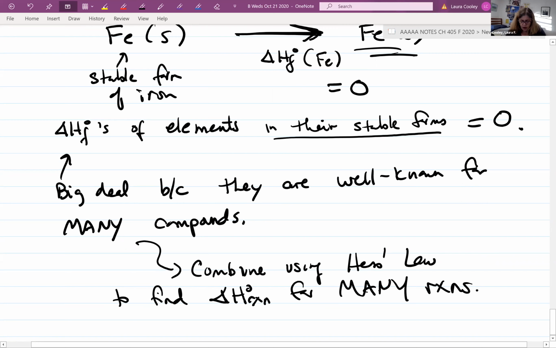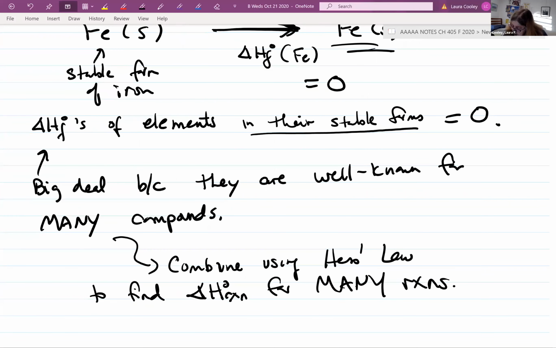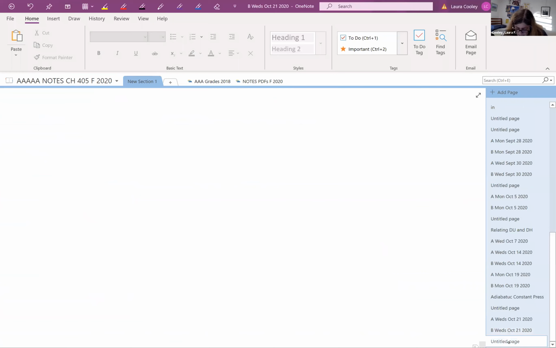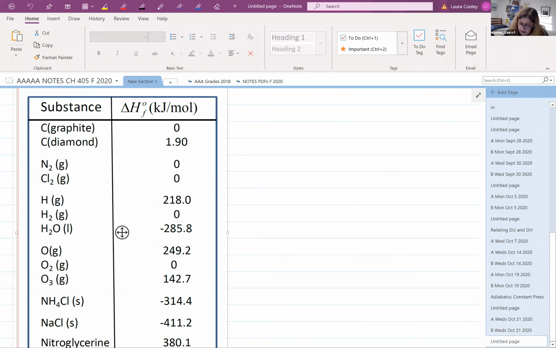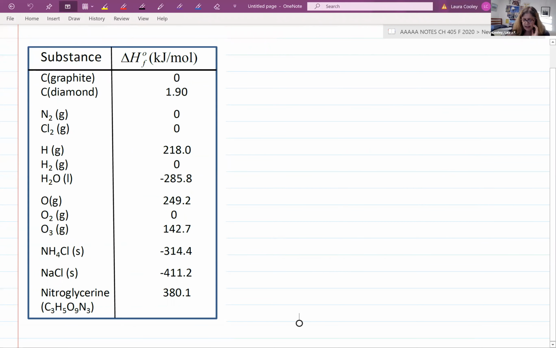But what I wanted to do first was show you a table that I think is pretty interesting. Here, I like this table. I actually show this to my freshmen. I show different substances and some very closely related substances.